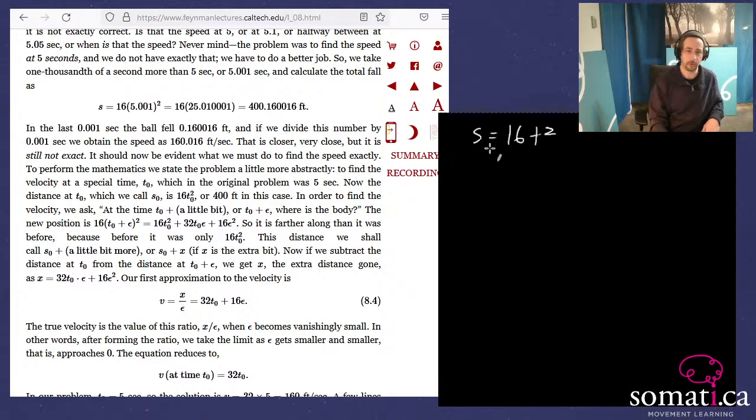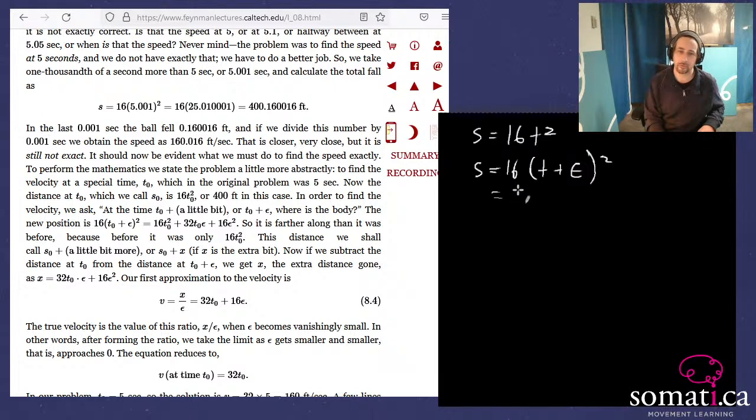So if we want the velocity, we can add a little bit to that distance: t plus some tiny amount of time in the future, squared.